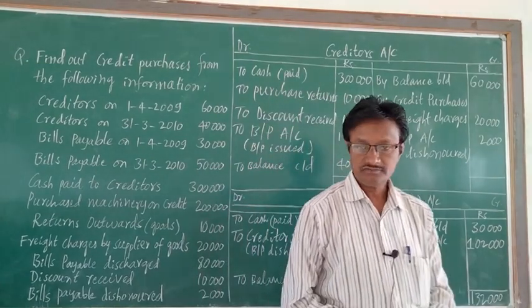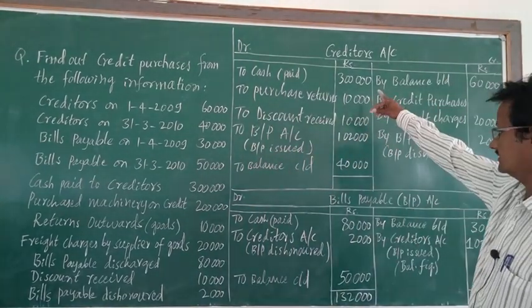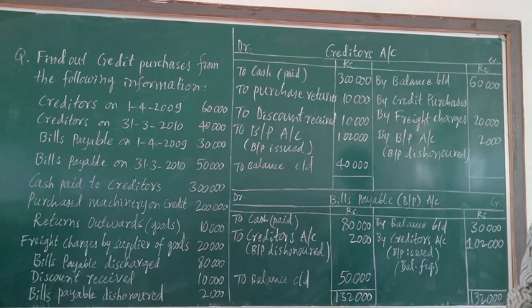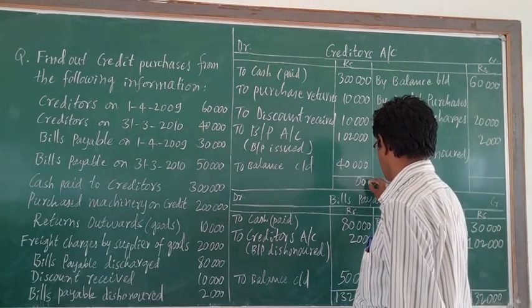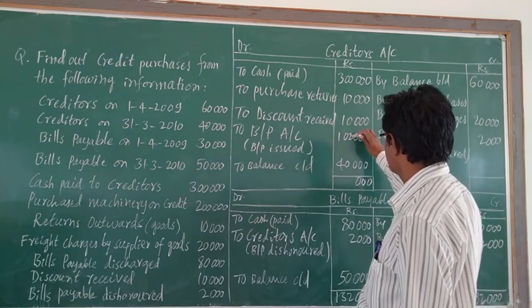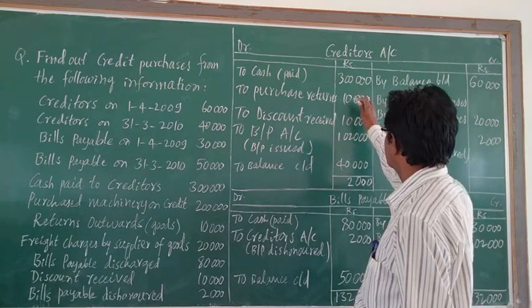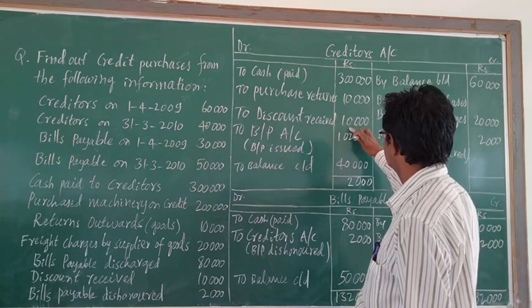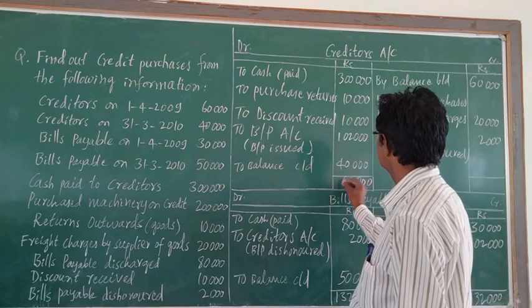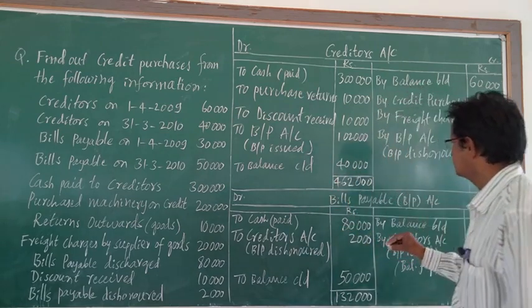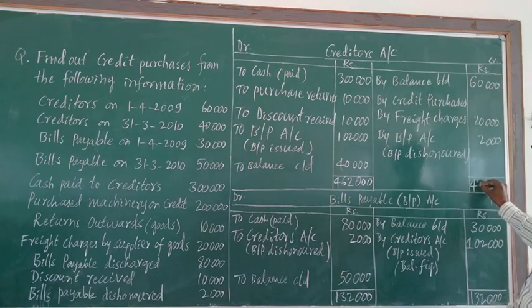So here the debit side total is more. We have to make the total on the debit side. The total is 4,62,000. We have to ascertain the difference figure.